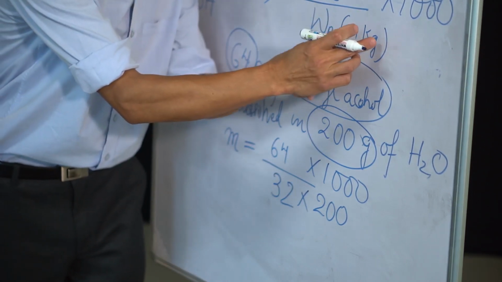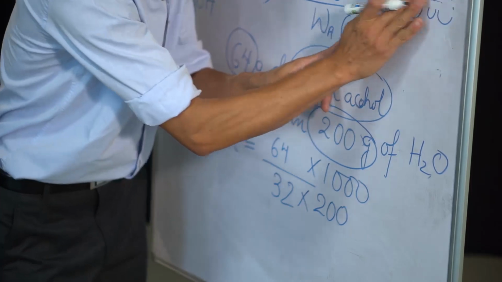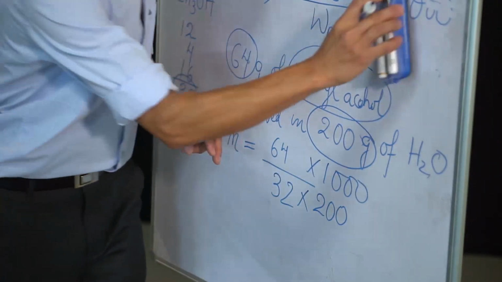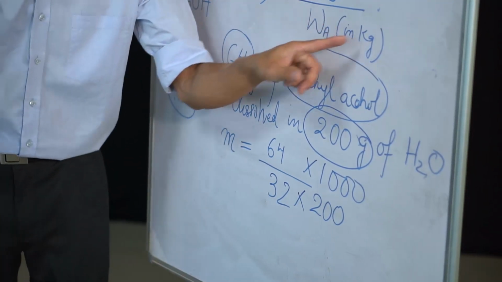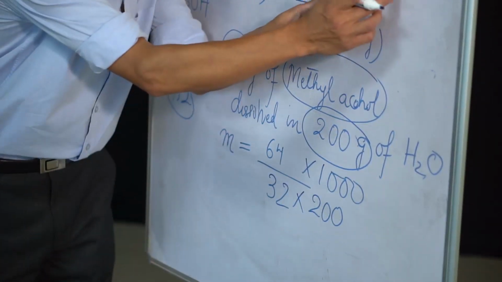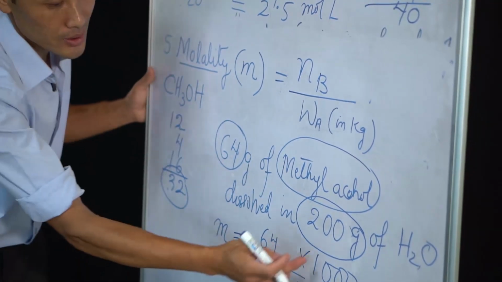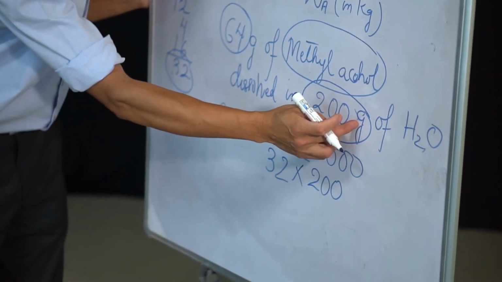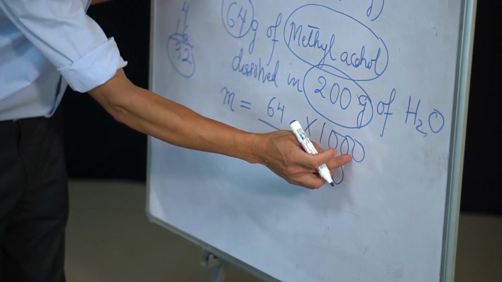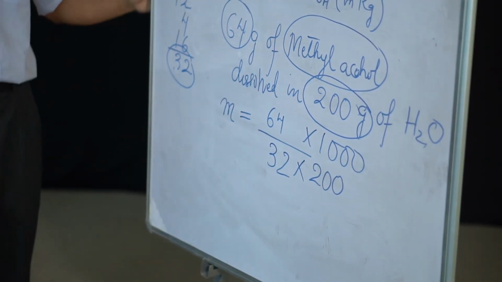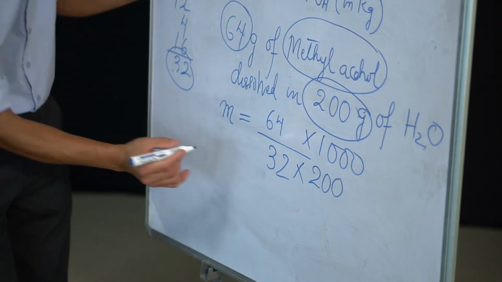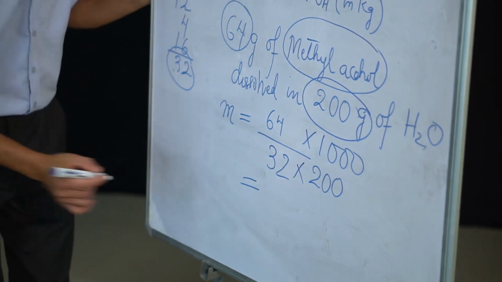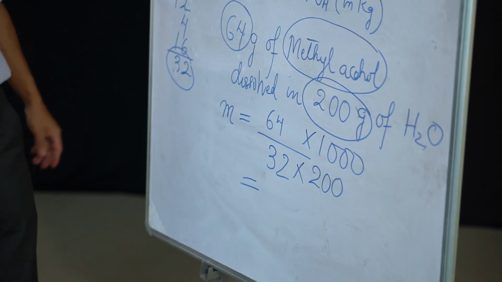If this is in kilograms, we will not be using this. However, if mass of the solvent is given in grams, then we will be multiplying this by 1000. So since here mass of the solvent is given in grams, we multiply the relation by 1000. So what should be the molality of this solution?